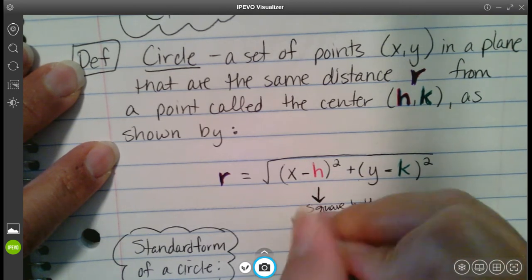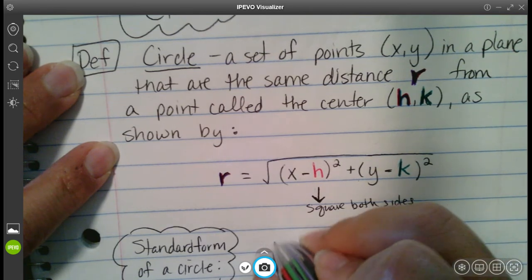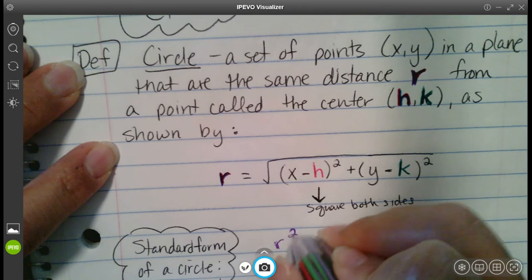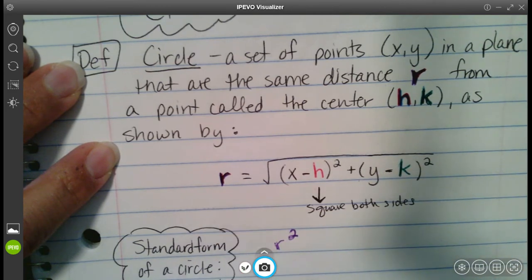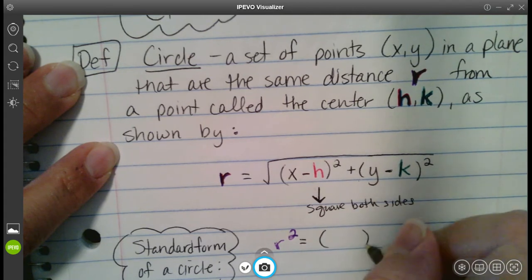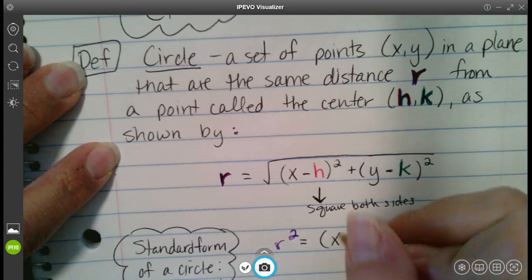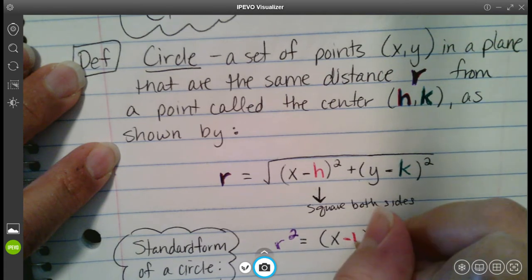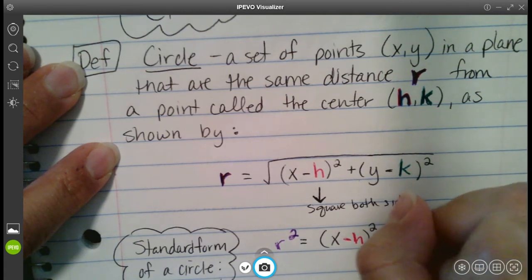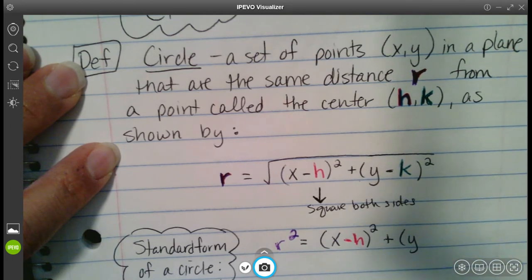Okay, and that's going to leave us with r squared. So I squared this, so now I have r squared is equal to x minus h squared plus y minus k squared.